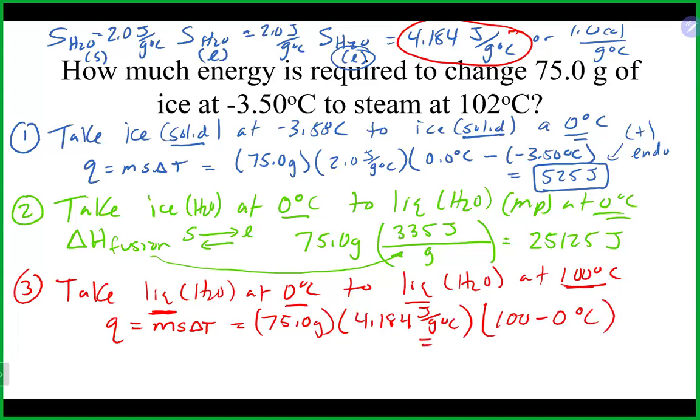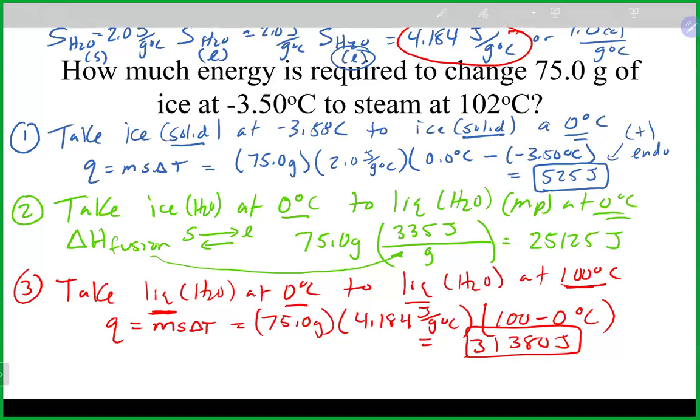That's going to give us the energy to take our liquid water from 0 to 100 degrees, and that ends up being about 31,380 joules of energy required to do that transition right there.